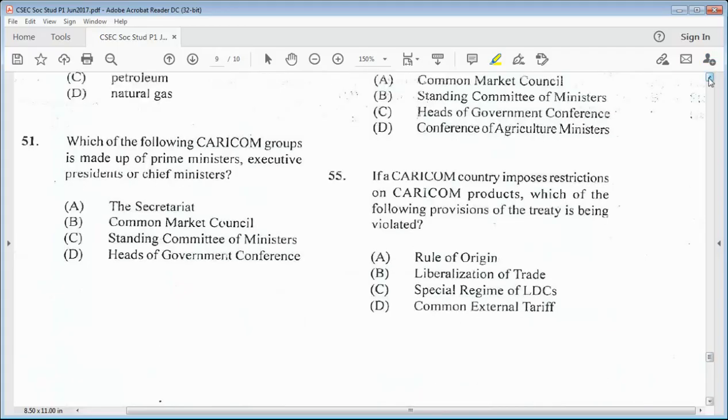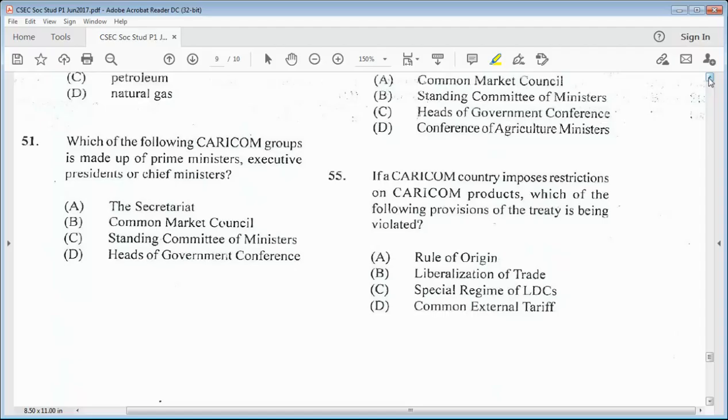Which of the following CARICOM groups is made up of prime ministers, executive presidents, or chief ministers? A, the Secretariat; B, Common Market Council; C, Standing Committee of Ministers; D, Heads of Government Conference. We know it would not be the Secretariat. B, Common Market Council, that one would be out.